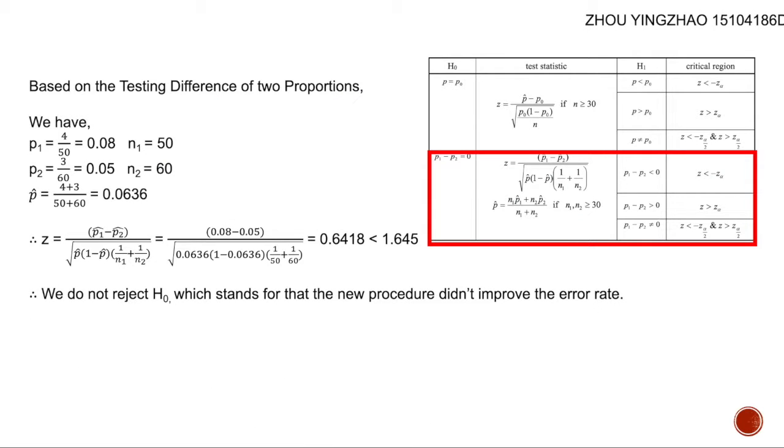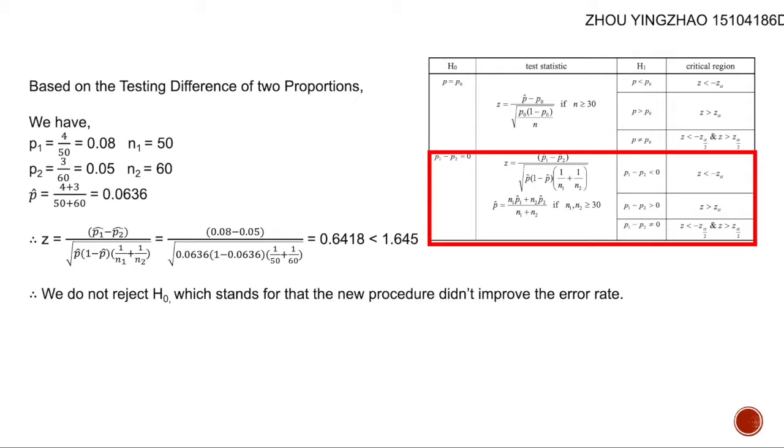So based on testing the difference of two proportions, we can use the formula here. So we have P1 is 0.08, N1 is 50, P2 is 0.05, N2 is 60, and P hat, the overall proportion, is 0.0636.